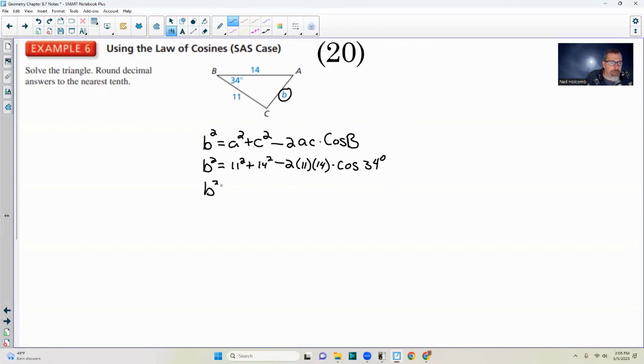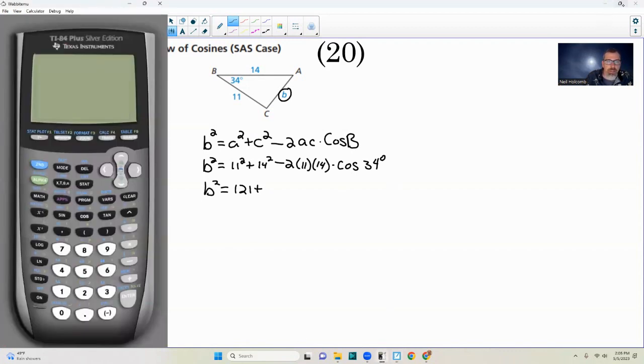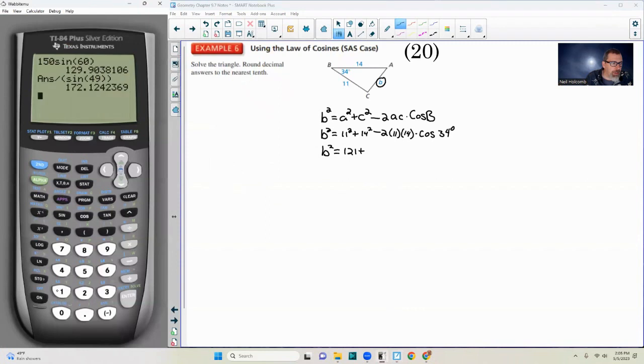So B squared equals, okay, let me show you what I'm doing: 11 squared, 14 squared, 196, minus 2 times 11 times 14 times the cosine of 34 degrees.